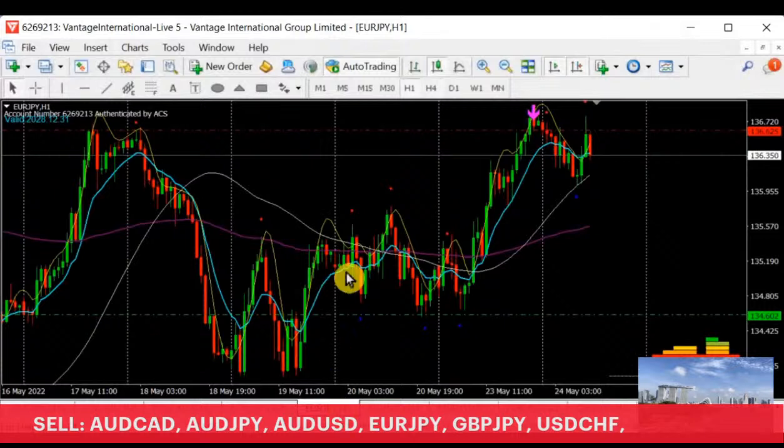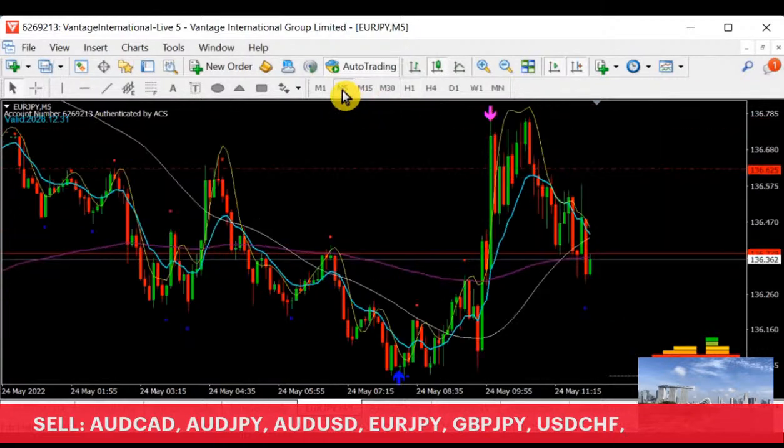Coming along with Euro Yen, let me check Euro Yen. I think this is something that we missed as well, but we are focusing on Pound Yen. Why? Because in the last hour, as a recap, the green candle tested the resistance and got rejected.